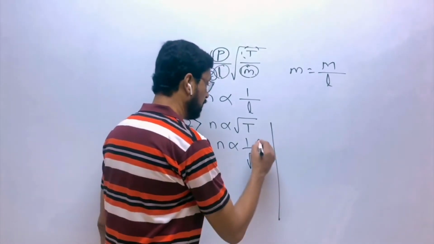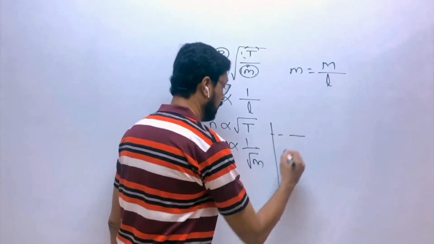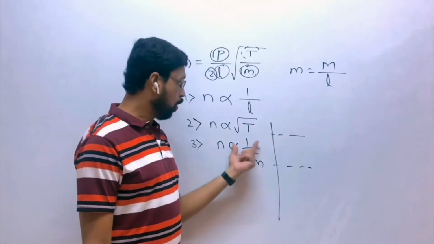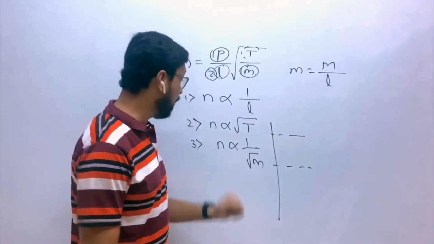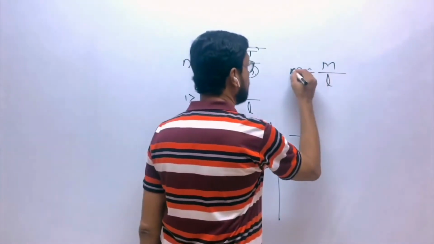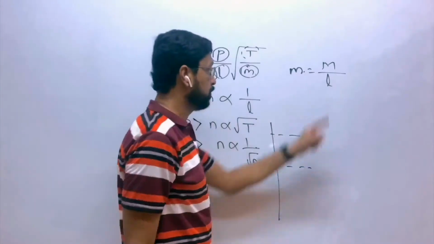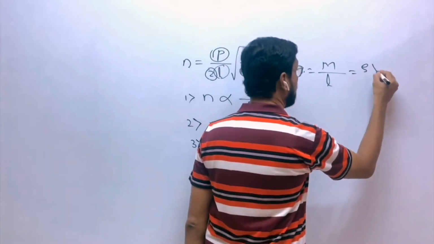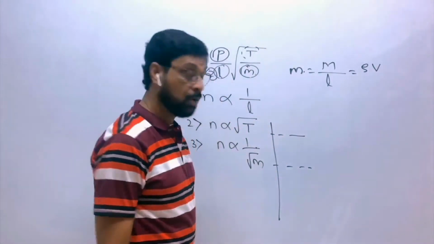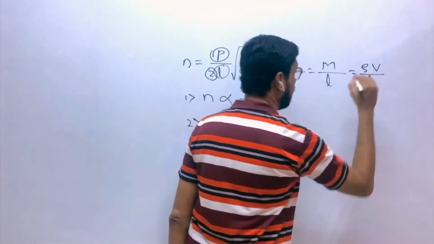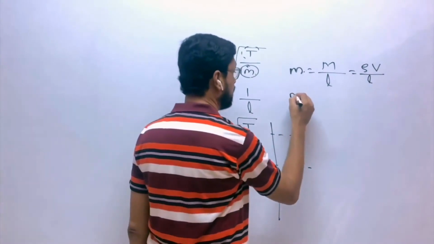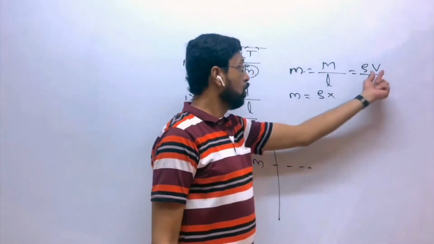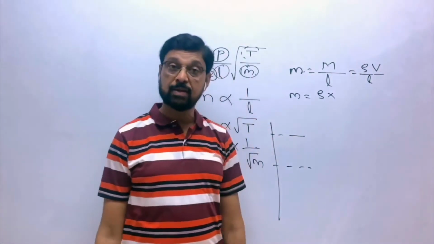And this third law can be modified into two more statements, और दो statements हम लिख सकते हैं क्या? Mass per unit length, linear density is m by l. Mass is density into volume upon l length, or you can say m is equal to density into volume of a string.